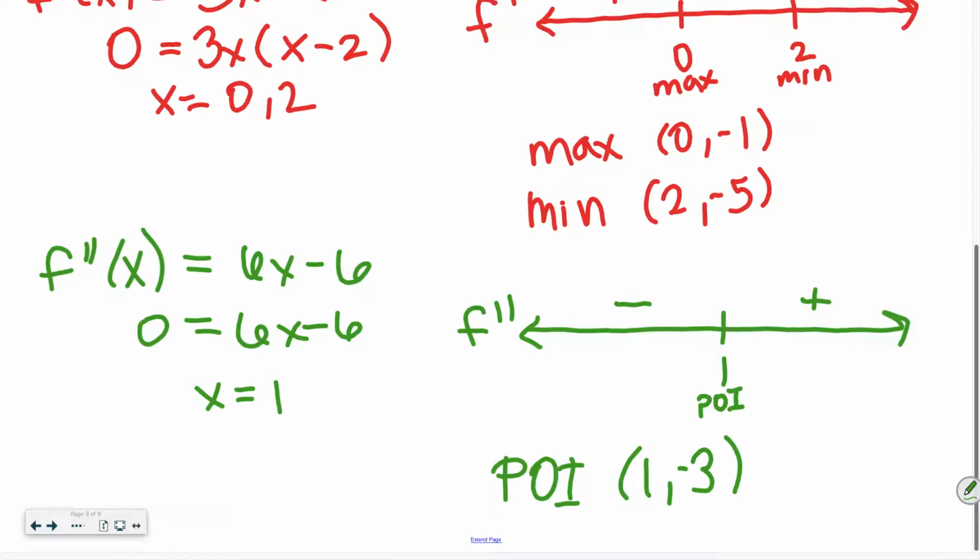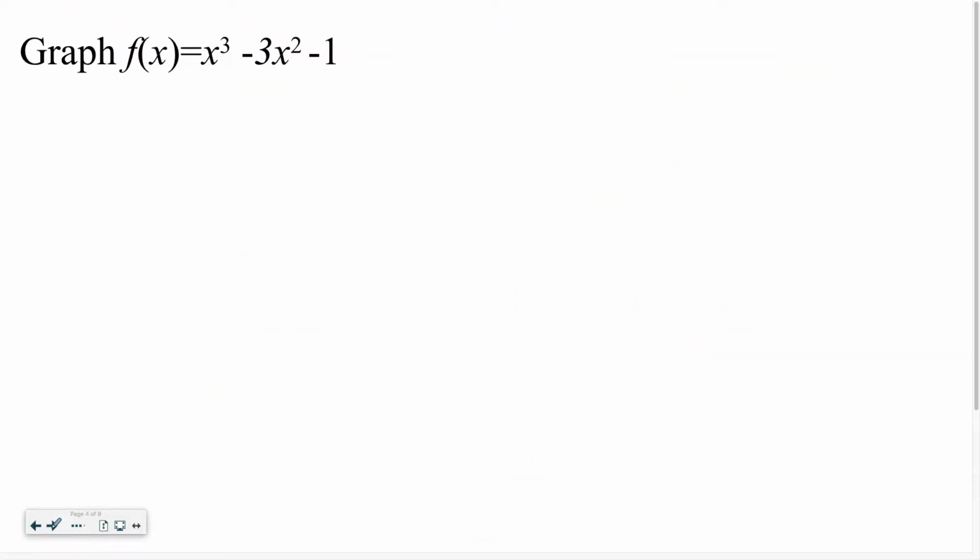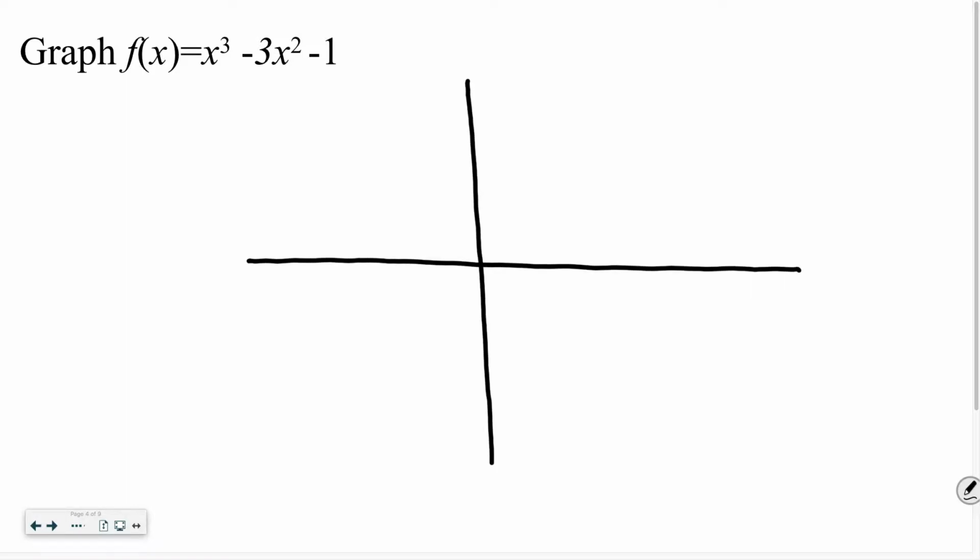So question, have we done anything new? No, we've pieced a lot of things together, but nothing that has been a new concept. Now we're going to take this whole page of work that we just went through and create a graph. We have domain all real numbers, boring.